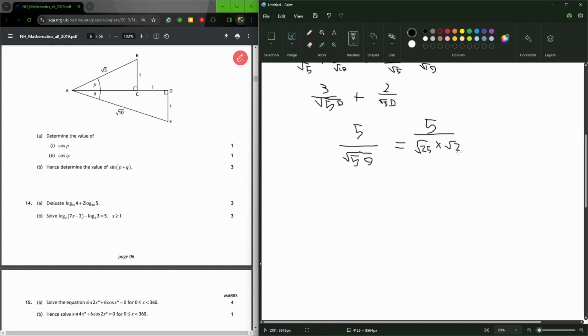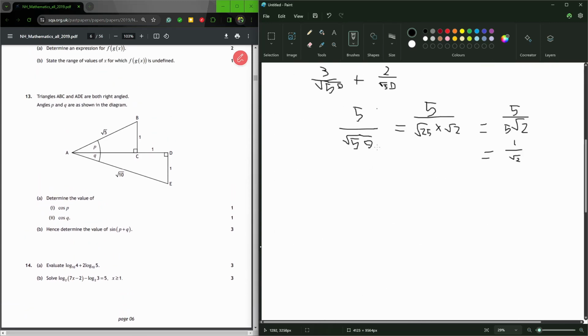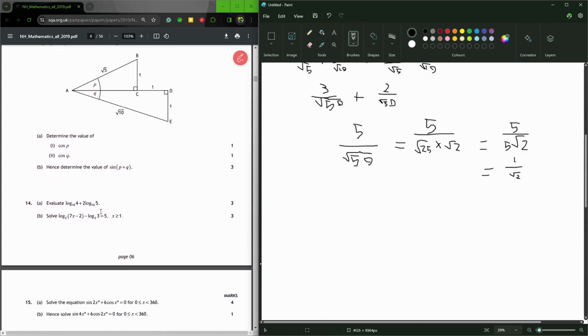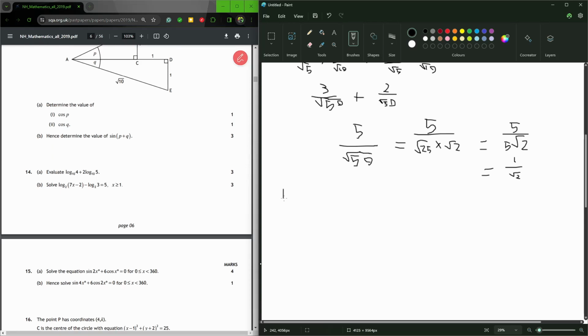That still equals root 50. You see where I'm going with this now? So that means that 5 over root 50 equals 5 over 5 root 2. And then we can divide everything by 5, and I can do what I always wanted to do, and get 1 over root 2. And that's your answer. Continue on forth. Oh yeah, baby, it's logs.